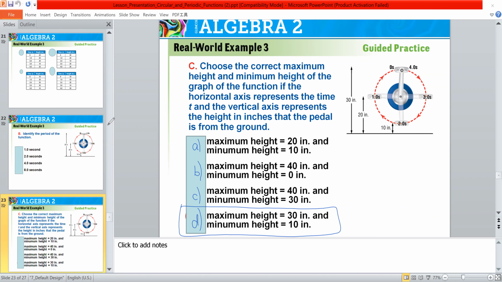Nawaf is not here. Omar Majid is not here, Rakan is here, and Rashid is not here. 1, 2, 3, 4, 5, 6, 7, 8, 9, 10, 11, 12, 13, 14. So we have 14 students today.